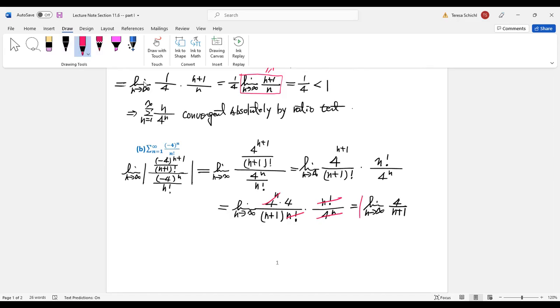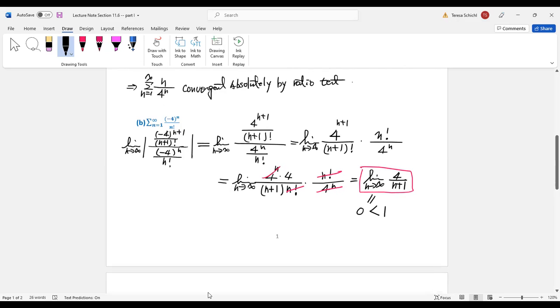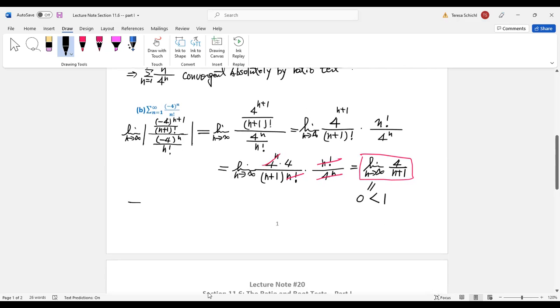So what is this limit going to be? Because the n plus 1 is on the denominator, this limit approaches 0, which is less than 1, right? So based on the ratio test, what do we say here?